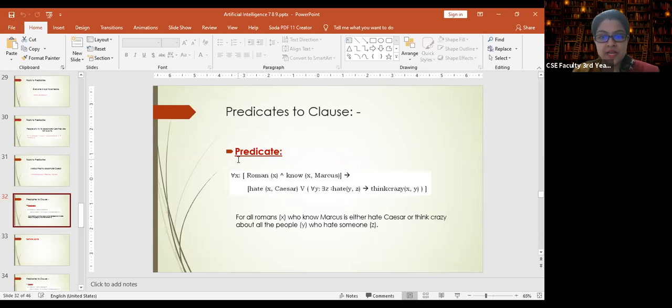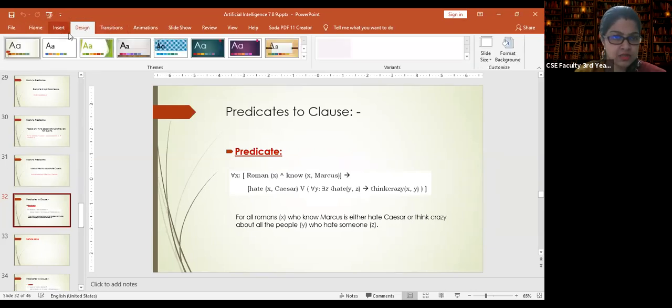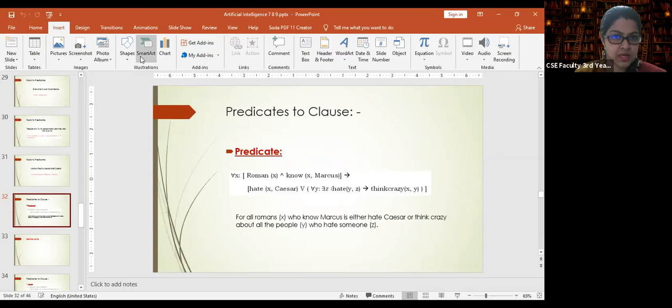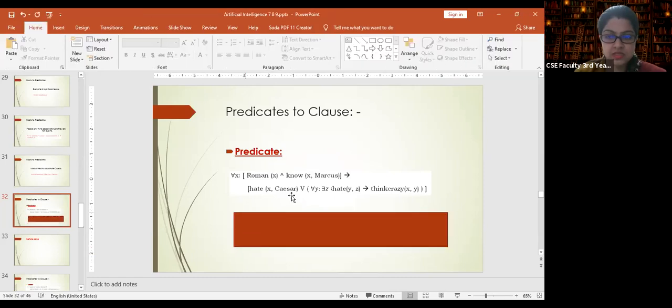So here one predicate is given. I am hiding this part first. Just look at the predicate and try to find out the fact.